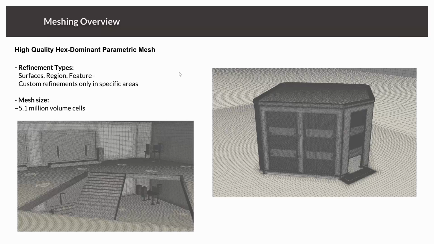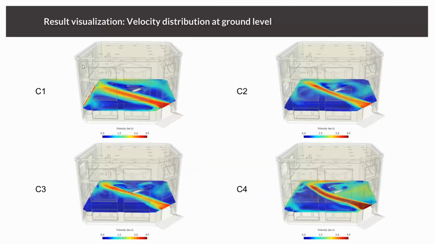What we actually did was define one overall mesh size and some refinements. So we refined some of the surfaces, some of the regions, some features and edges. And in the end, this resulted in a 5.1 million cell volume mesh, which means we will calculate velocity, pressure, temperature, and all the other quantities for 5.1 million points.